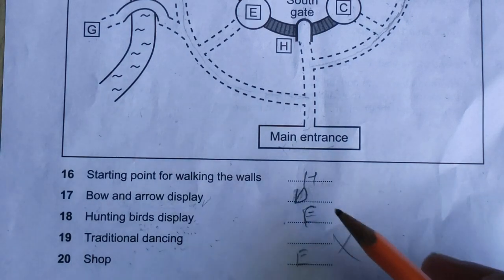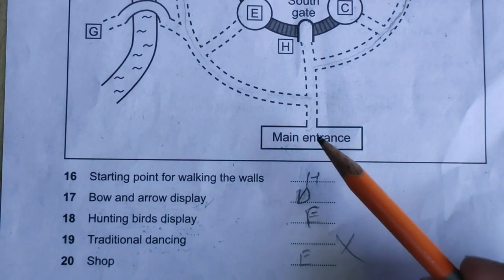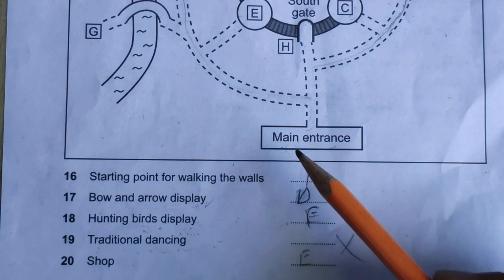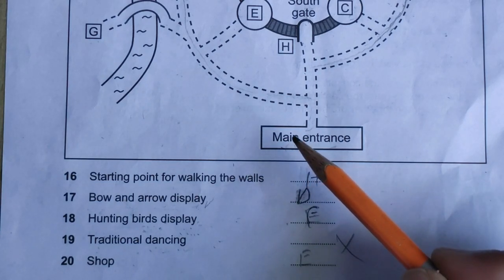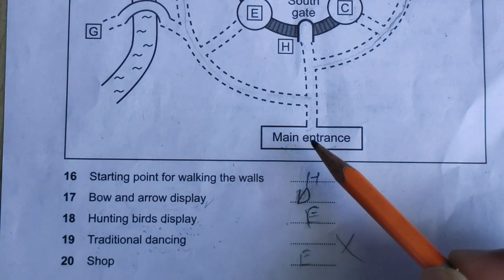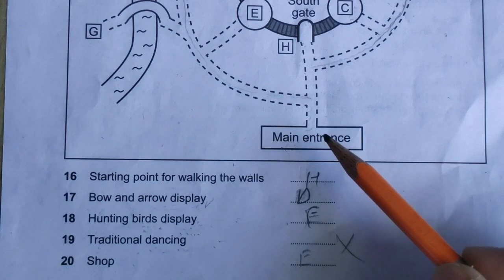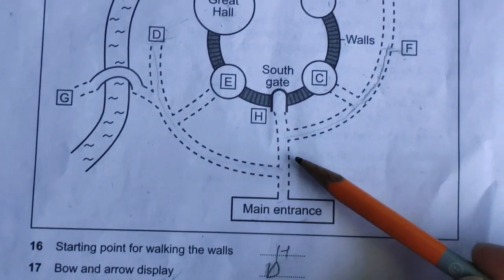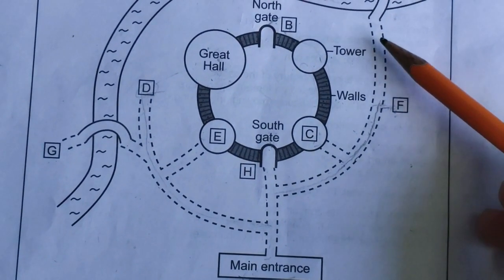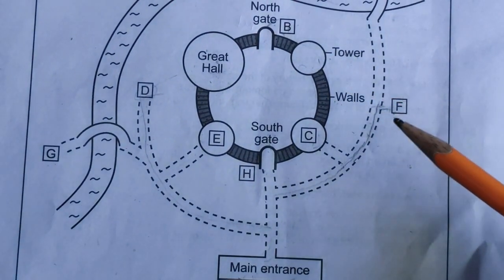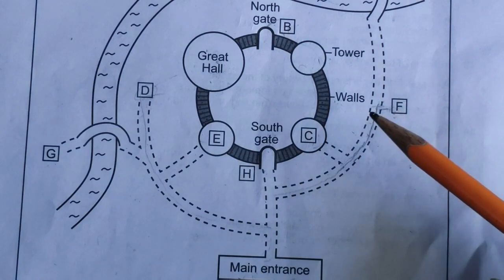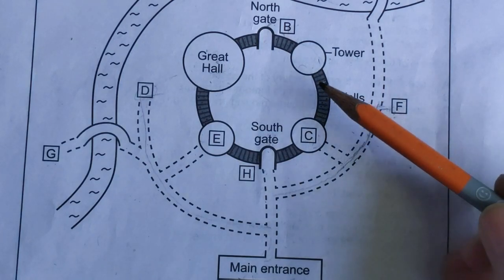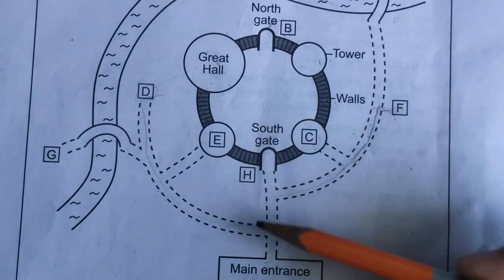At 3 p.m. there is a short performance of traditional dancing on the outdoor stage. That's right at the other side of the castle from the entrance.